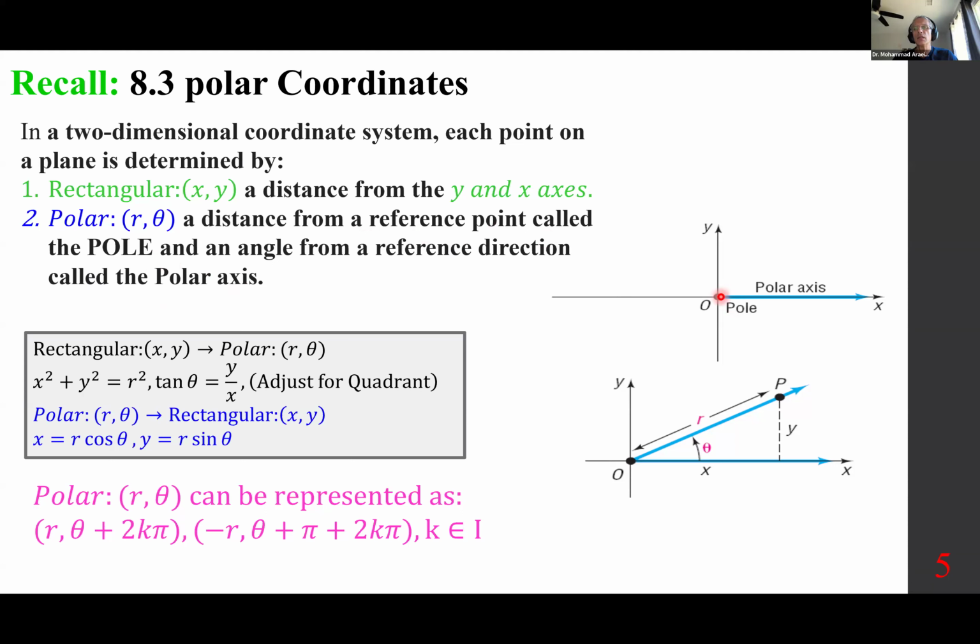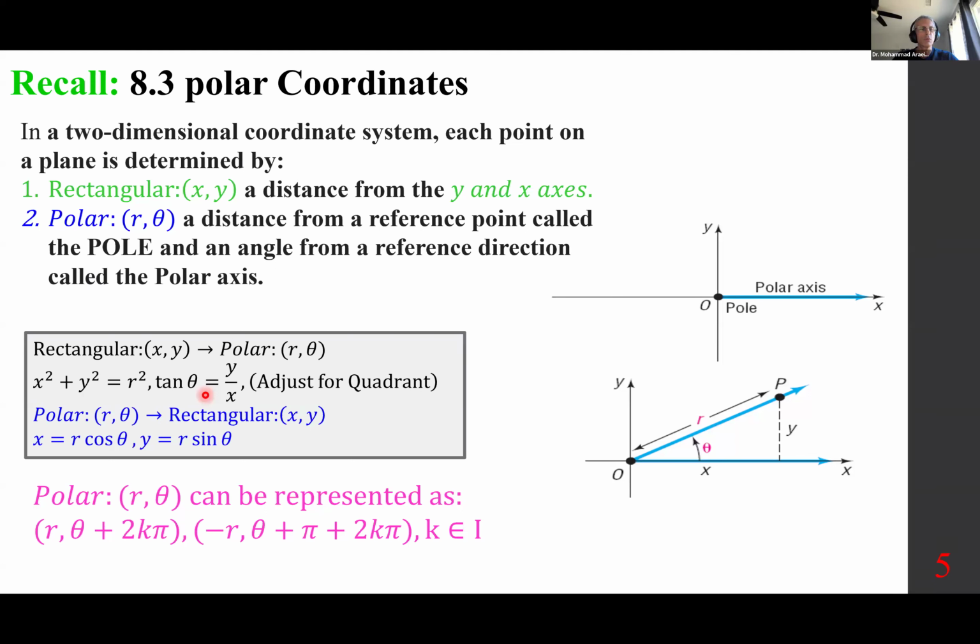In other words, this is the pole and polar axis along the positive side of the x-axis. A point P has coordinates x comma y or r comma theta. As we go from one format to the next, rectangular is x comma y, polar is r comma theta, and the relationship is that x squared plus y squared equals r squared. Tan theta is y over x, and you have to adjust it for the quadrant accordingly.